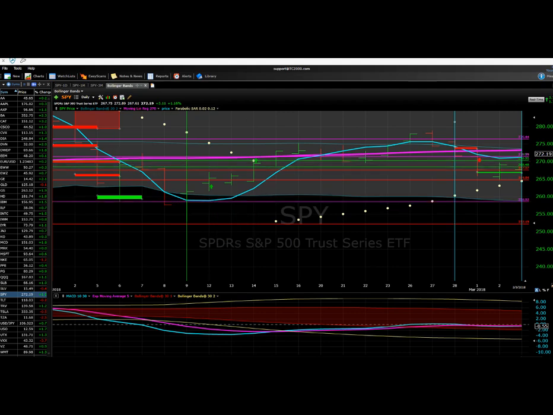Sorry, 264 would be that swing low. So we'd be looking to get long around 270.32 and short around 264.84. So about $6, maybe $5.50 of risk for a swing trade. Okay.